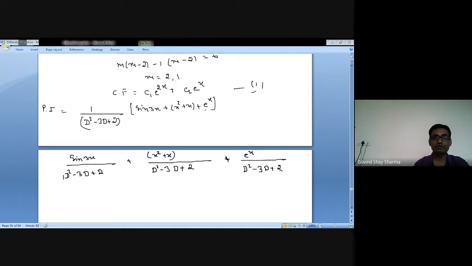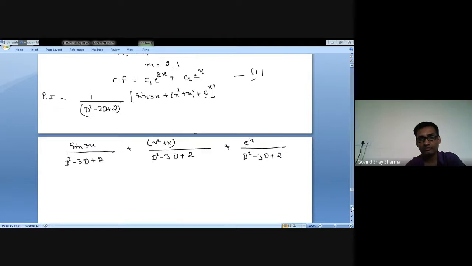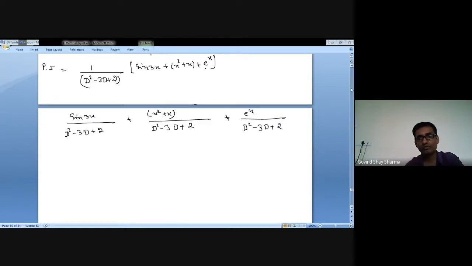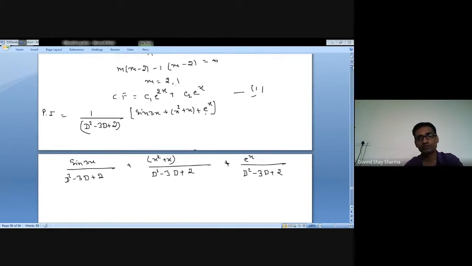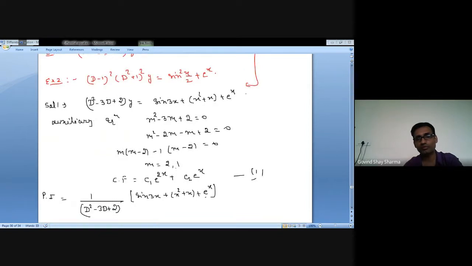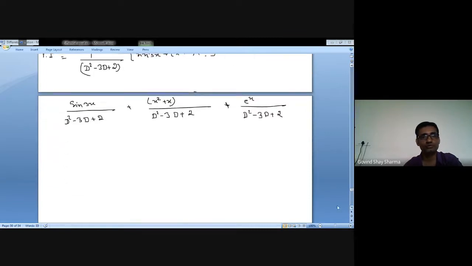Now, e to power x and e to power 3x... no issue, we take e to power x as it is. Now, first we see that sin 3x means sin alpha x, so we can replace D square as minus alpha square.